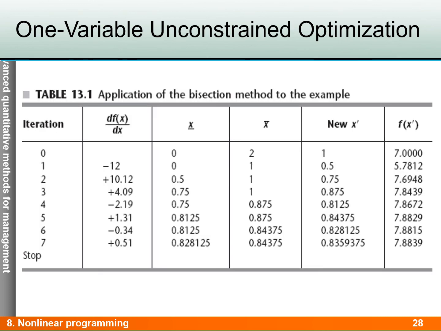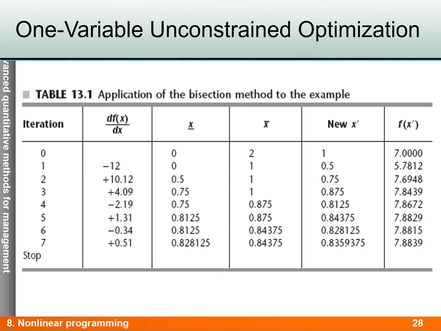So this is the summary of our iterations in this example. In iteration 0, we start with 0 and 2 as our lower bound and our upper bound. The new x prime is the average of them, that is 1. If I substitute this 1 in the first derivative of my function, it will give me minus 12.